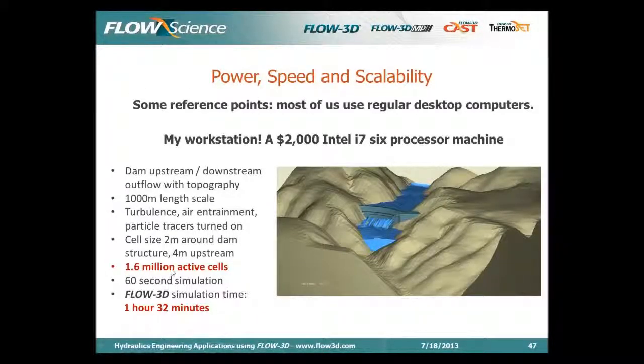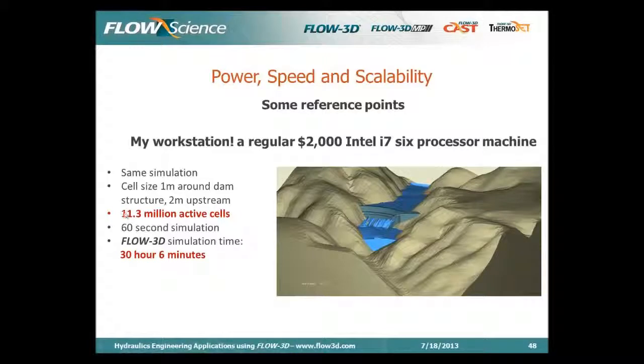But in fact, most of us do not have access to these clusters. So on my workstation, I have a $2,000 basically Intel i7 6-processor machine, and when I run this model with 1.6 million cells, the 60-second simulation is done in 1 hour and 32 minutes. So that's pretty good.